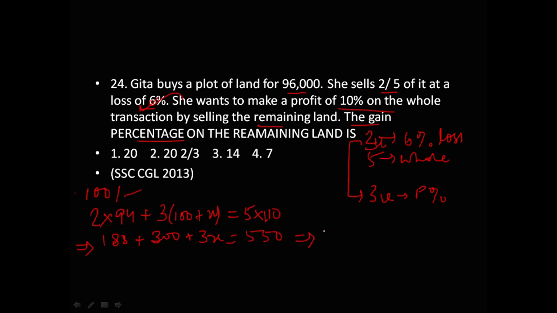So 3x equals 62, right? So x equals 20 and 2 upon 3. So it's the answer. 24 is option 2. Clear? We are not using this amount. We are just assuming it as 100. If you have any problem, you can comment on it. Moving to the next one now.